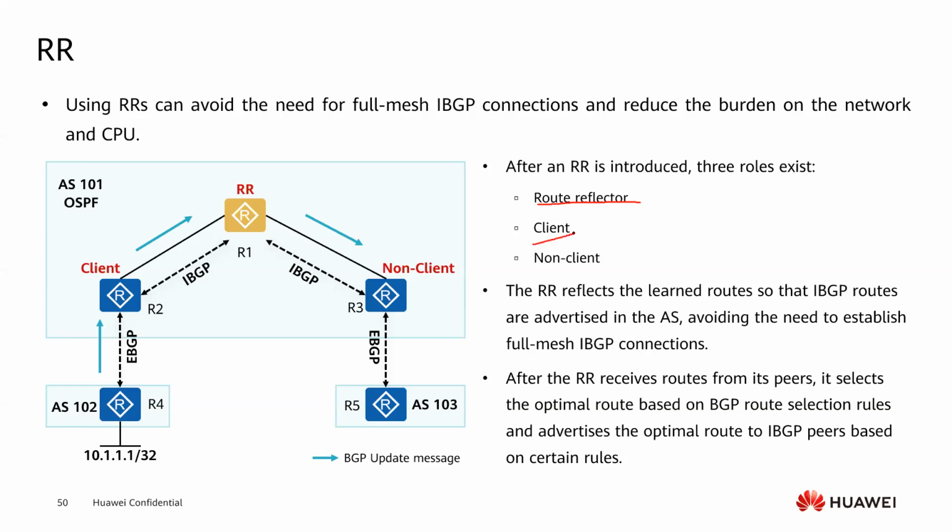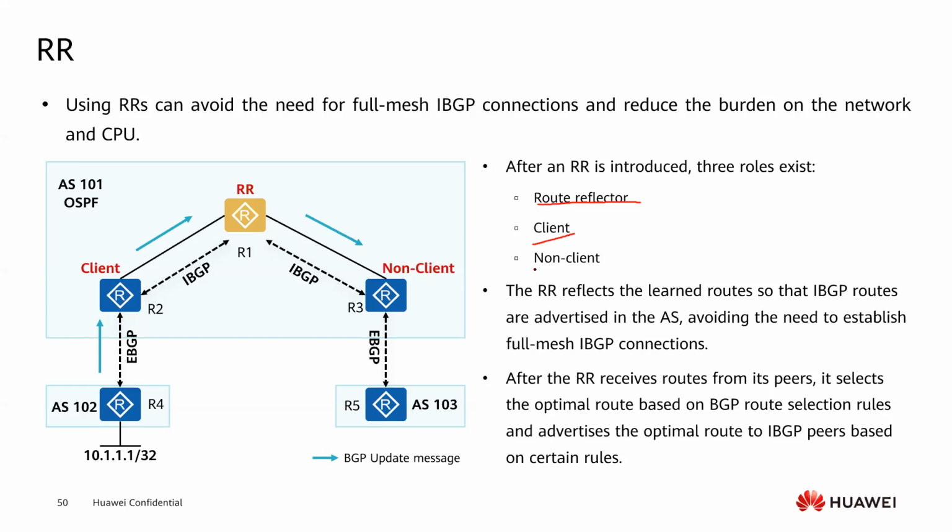And some other routers, we call them clients. The client is the IBGP peer whose routes are reflected by the RR. The RR will reflect the route to all of its clients. And between the clients, there is no IBGP relationship established.